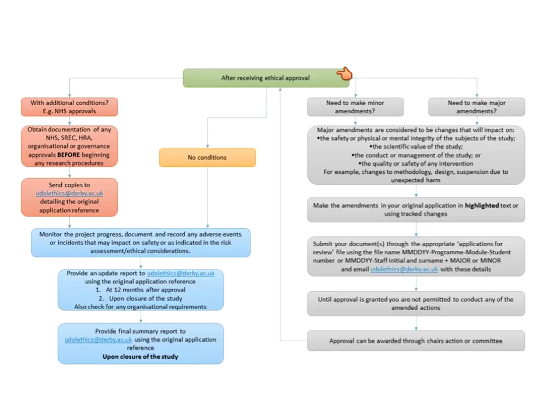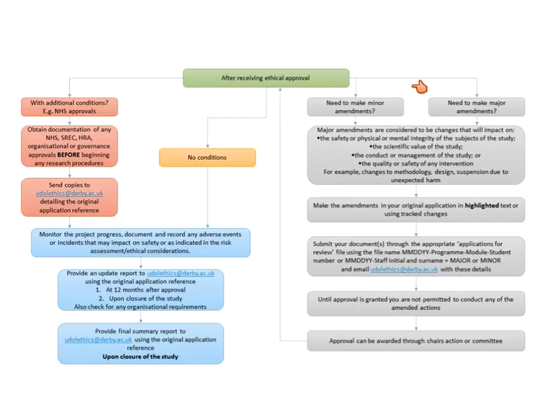One of the main things that I wanted to point out is what you do after you've received ethical approval. Ethical considerations do not end just because you've received ethical approval and you have that letter or feedback. So I've given some ideas about what you might need to monitor, things you might need to report, and how to make minor or major amendments.